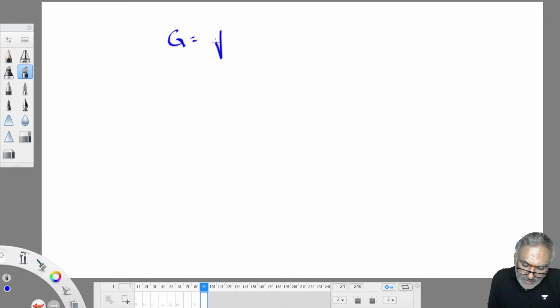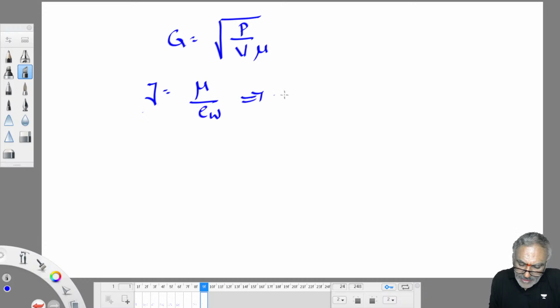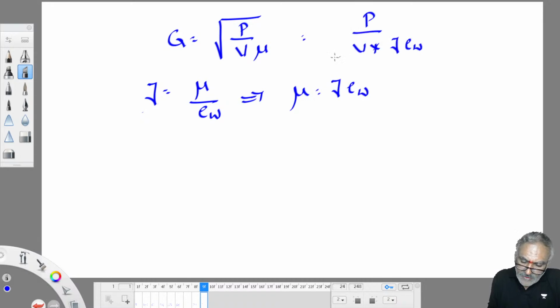To find out power, indirectly, we require dynamic viscosity. Kinematic viscosity is equal to dynamic viscosity by rho W, so mu you can replace with the kinematic viscosity into rho W. So I can also write this equation as G equals root of P by V into mu into rho W, still you will get answer in 1 by second.